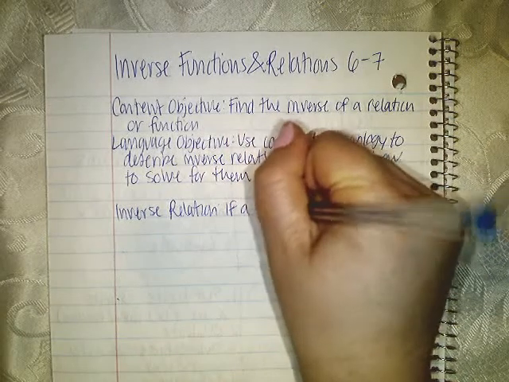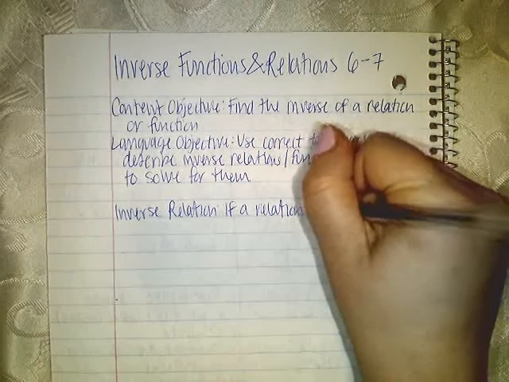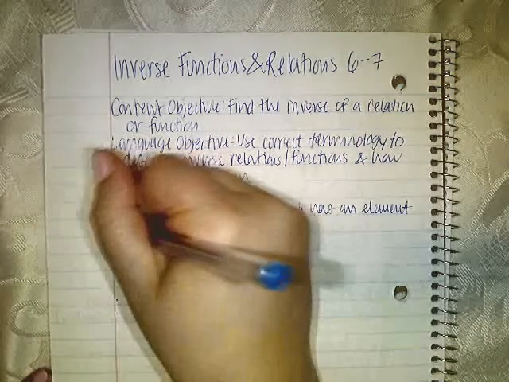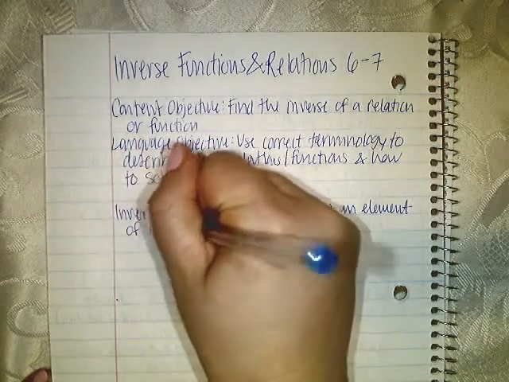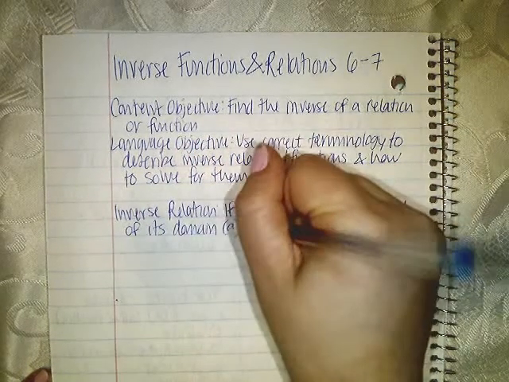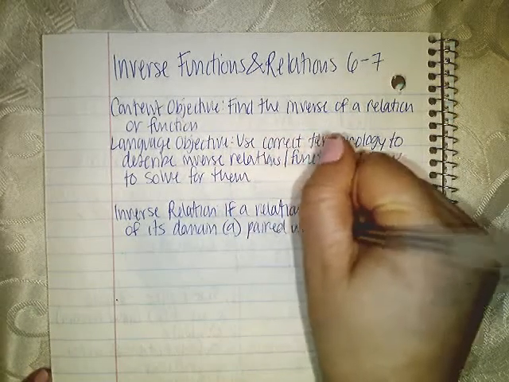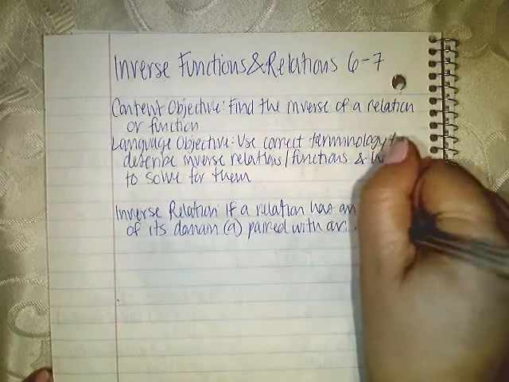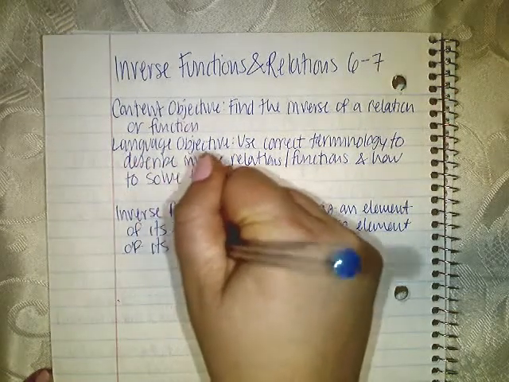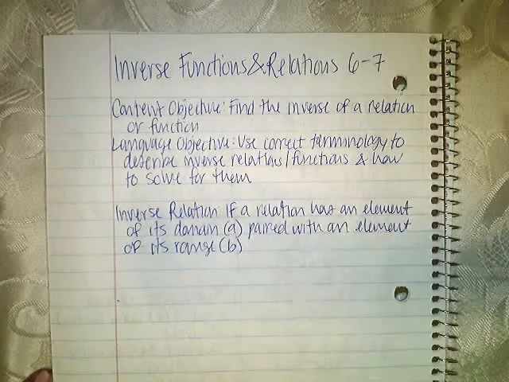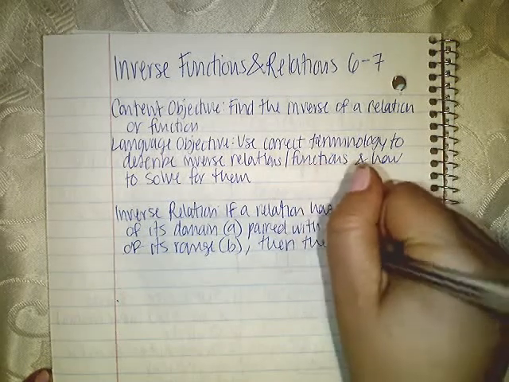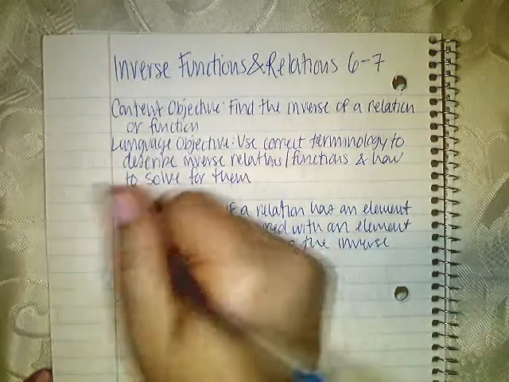So if a relation has an element of its domain, which we'll label A, paired with an element of its range, which we'll label B, then the inverse pairs B with A.